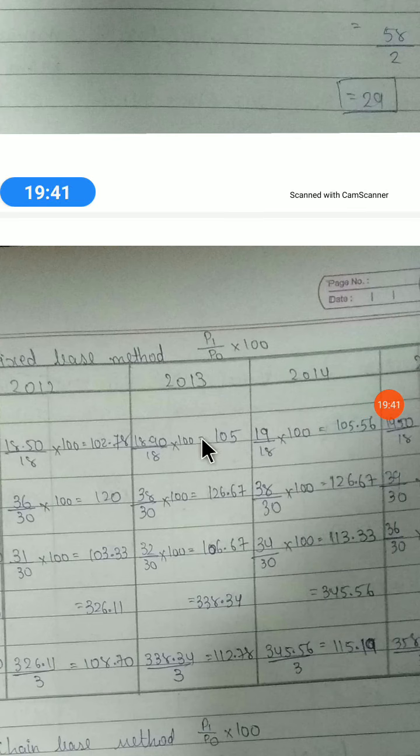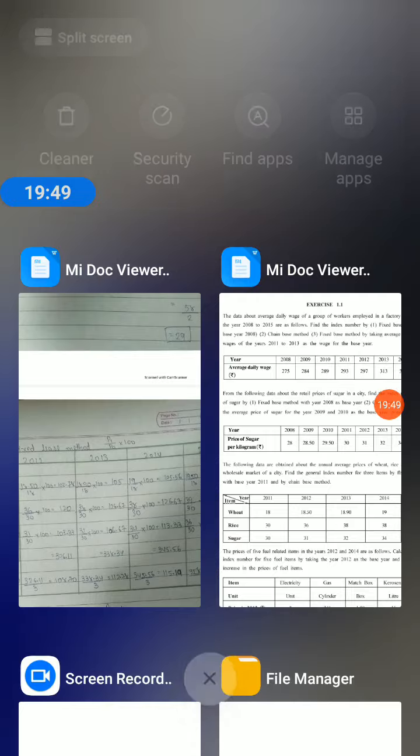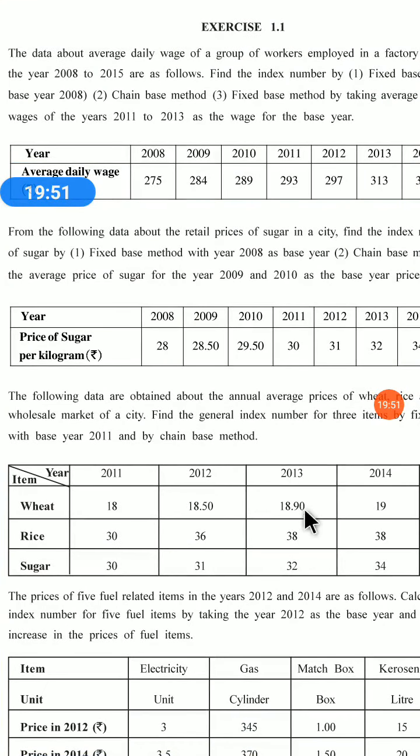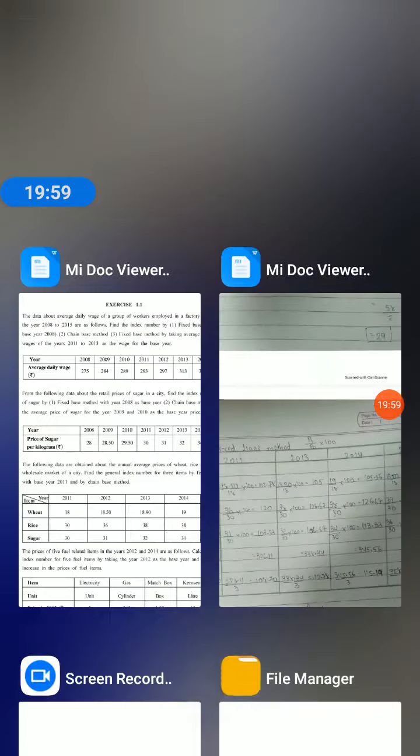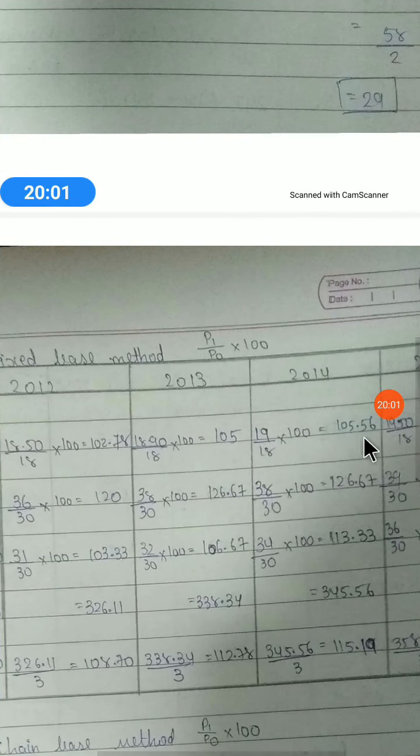Right girls? For the year 2013, same way, this is the fixed base method and we will take 2011 as the base year. So see in the question 18.90 upon 18, 38 upon 30 into 100, 32 upon 30 into 100. Okay, so you will get all these amounts 105.56, 126.67 and 113.33.